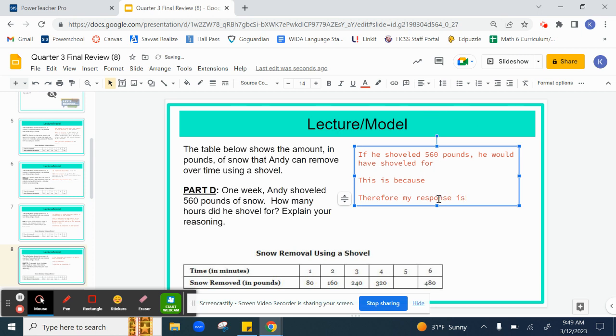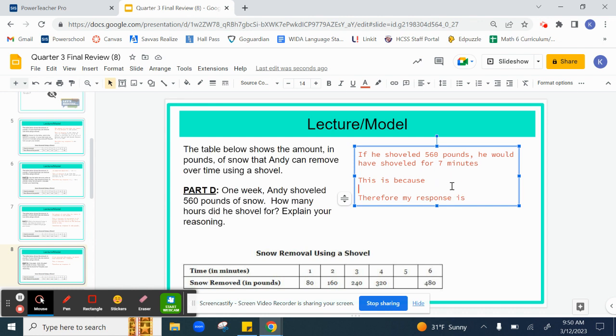All right, we need to think how we would go from 80 pounds to 560 pounds, and that would be times 7. So 1 minute times 7 is 7 minutes. Oh, and my apologies, that over here, that should say minutes, not hours.